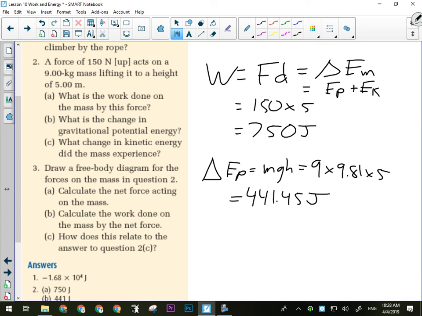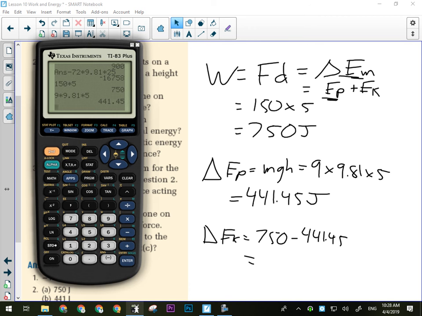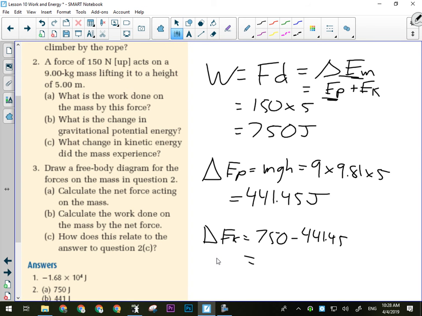So all I have to do then is subtract the potential energy from the mechanical, and I'll have the kinetic. So the change in kinetic energy will be 750 minus 441.45. Look at that, we still got the numbers on from yesterday. 750 minus our answer: 308.55 joules.